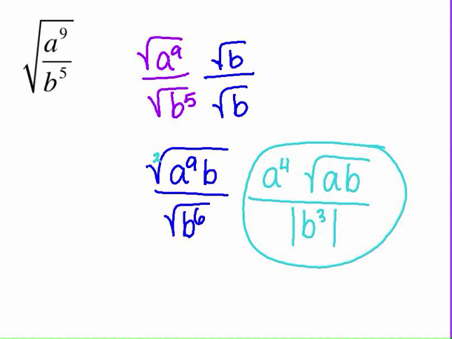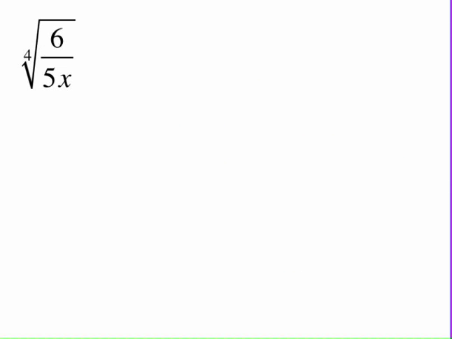Alrighty, I think we got one more and then that's it for today. Yep, we got one more. Okay, so here we go. The fourth root of 6 over 5x. So the fourth root of 6 over the fourth root of 5x.